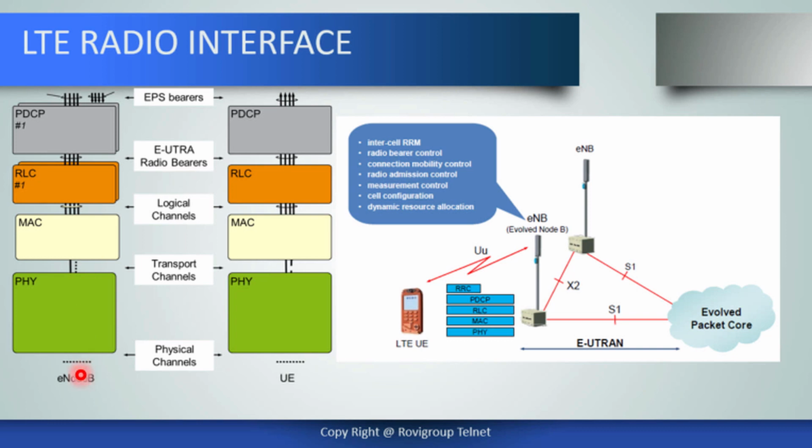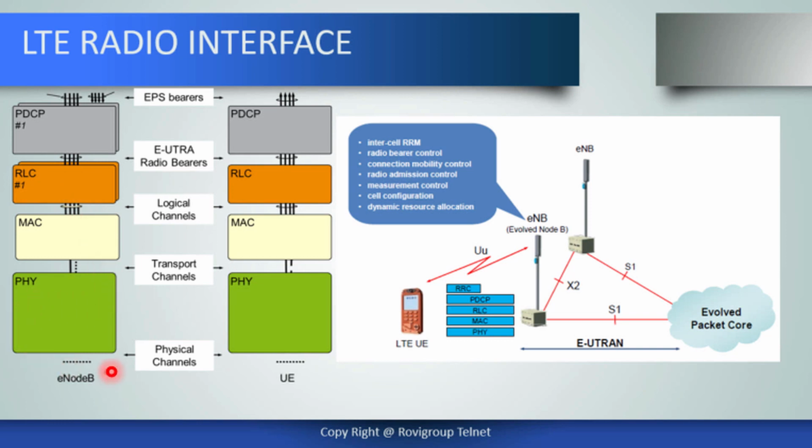Here you can see the LTE radio interface between the eNode B and the UE. The first layer is the physical layer, then the MAC layer, then radio link control and PDCP layer.